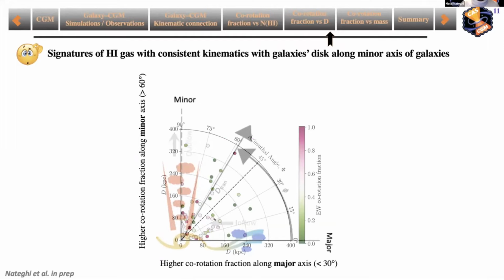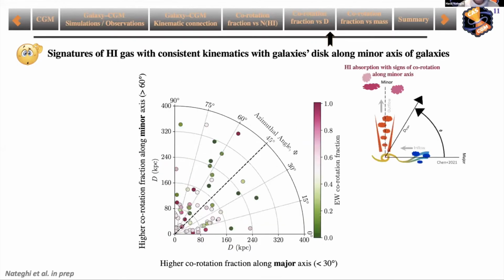And these data points are the H1 gas detected in the background quasar sightlines, and they are color-coded with their equivalent width corotation fraction. And surprisingly, we find high corotation fraction along both major and minor axes of galaxies.